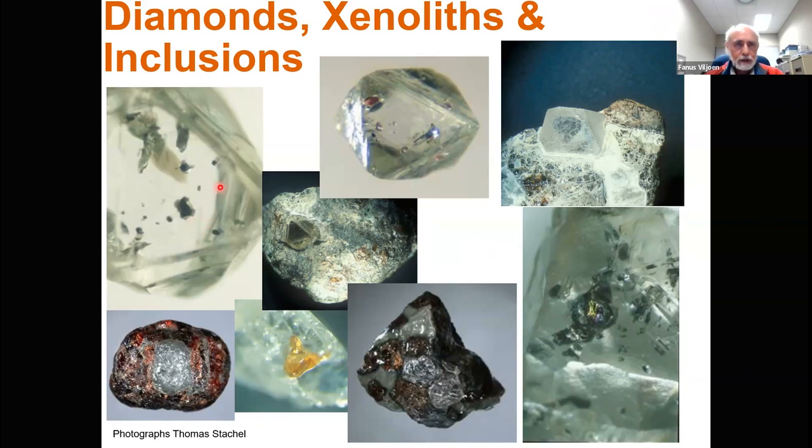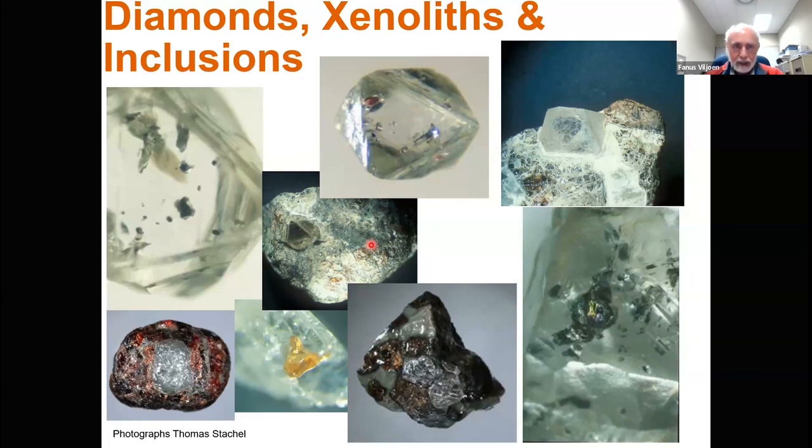So, for example, here is a diamond that contains a chromite inclusion, and hence we would consider this to be a peridotitic diamond. Here is a diamond that has a purple garnet inclusion. That garnet has low calcium content and high chrome content, and hence we would consider this to be a peridotitic diamond, and particularly a harzburgitic diamond.